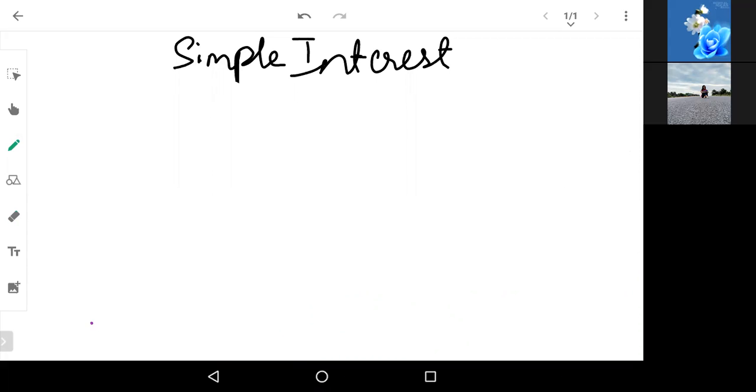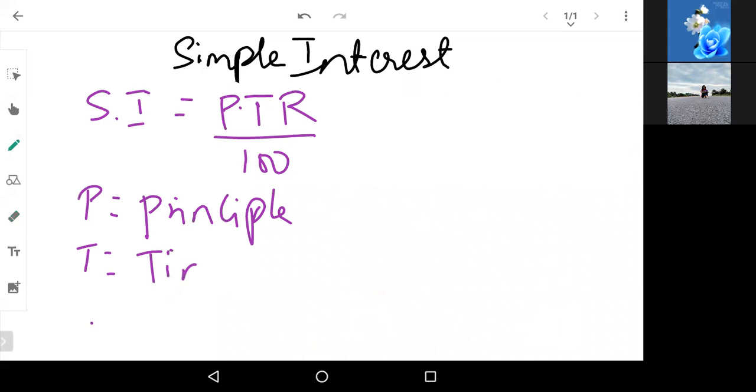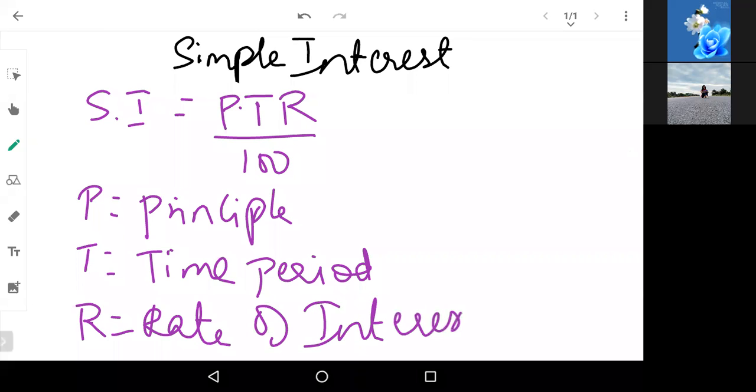And the formula is PTR by 100. P is the principal, T is the time or time period, both you can say, and R is the rate of interest. Okay, so that is the formula for simple interest.